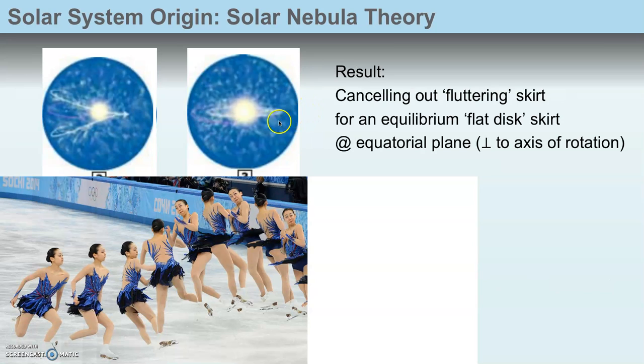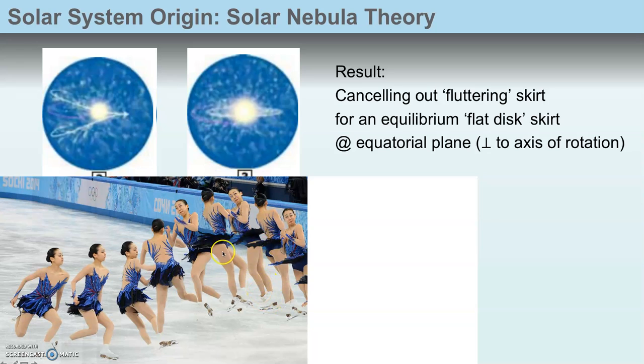This is actually very similar to a skater who is turning, on the conservation of angular momentum. So this scientific law, the conservation of angular momentum, says that if you watch her skirt going up and down and up and down, when she is spinning fastest, that skirt actually becomes perpendicular to her axis of rotation, which is up and down for her.